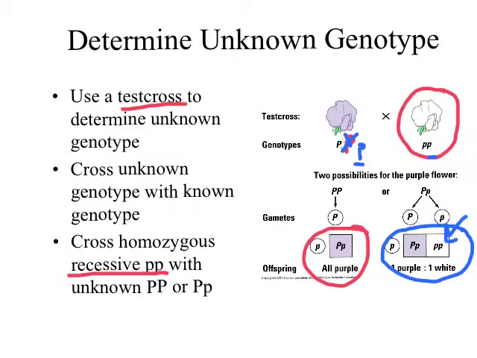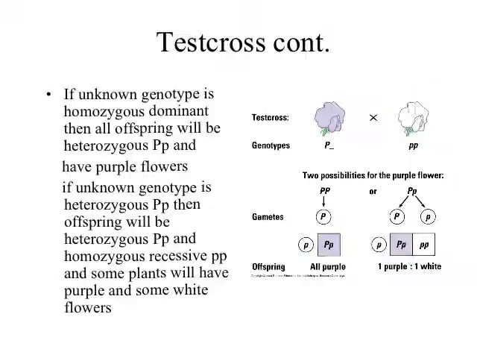Here's just the slide so you can put down exactly what I said in the last slide into words. If an unknown genotype is homozygous dominant, then all of the offspring would be heterozygous, big P, little p, and have purple flowers, just like we said here.